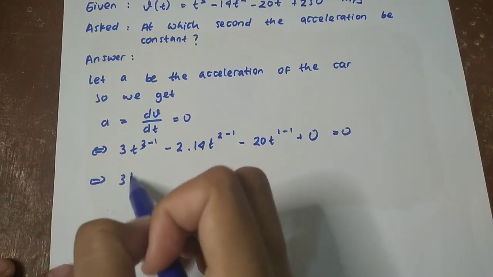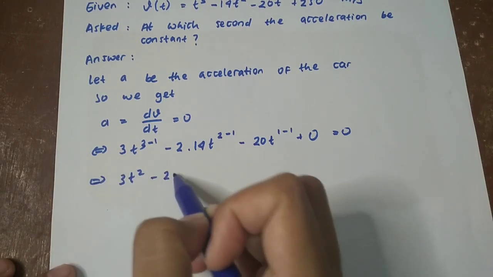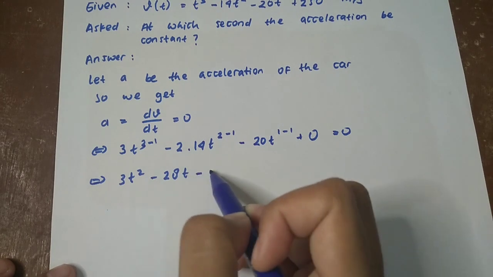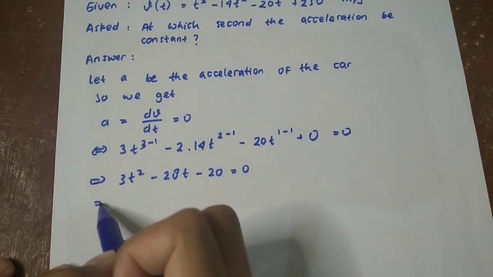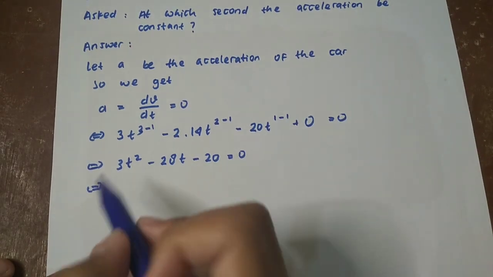So we get the derivative of v is 3t squared minus 28t minus 20 equal to 0.